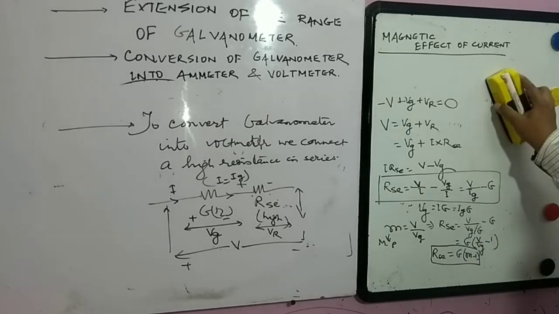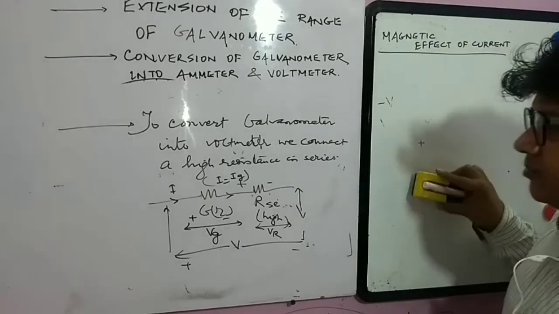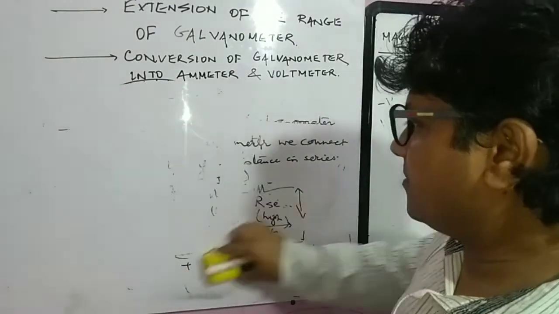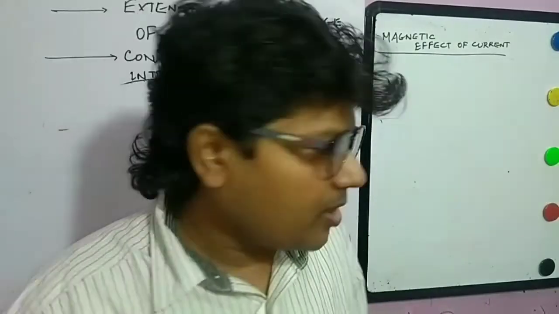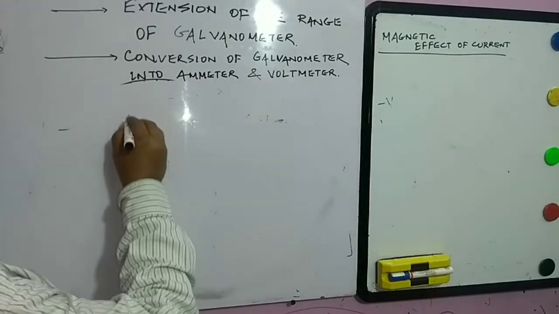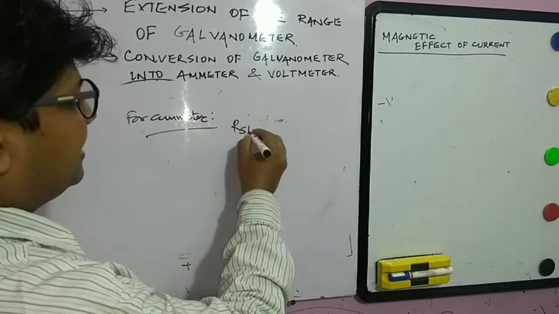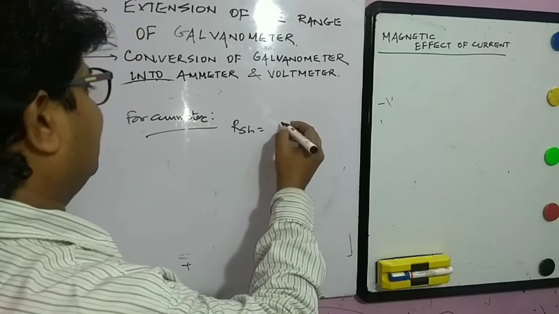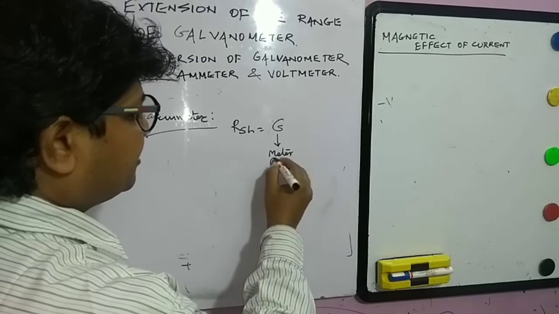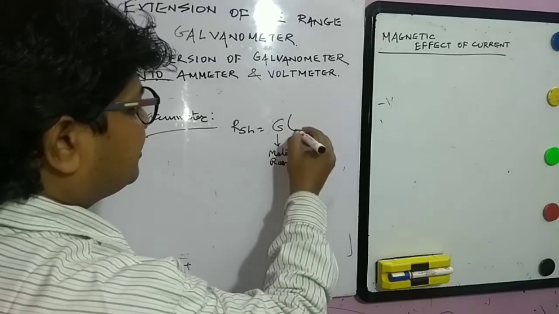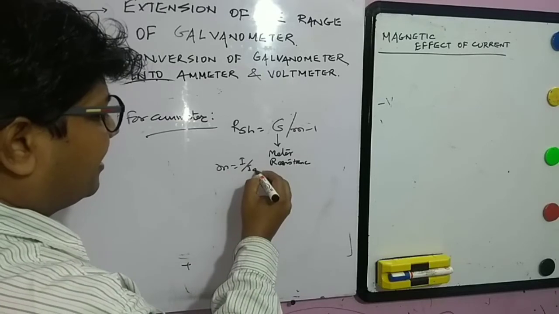So in short, this is the expression. The formula for ammeter: RSH is equal to G by M minus 1, where G is the galvanometer resistance, and M is equal to I by Ig, right?